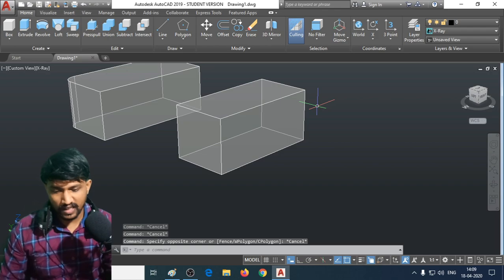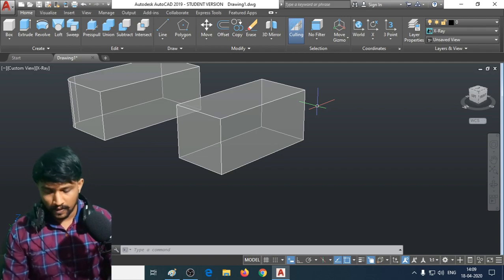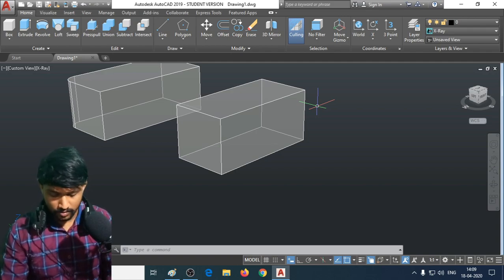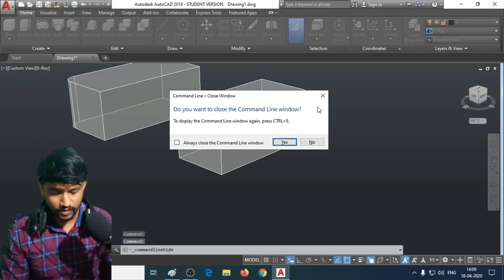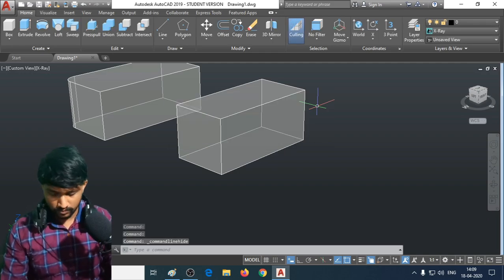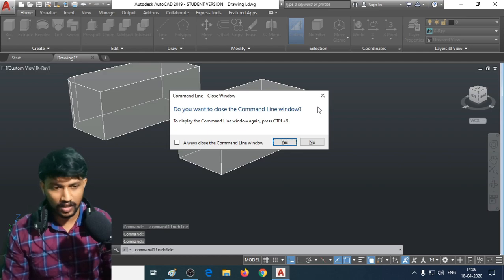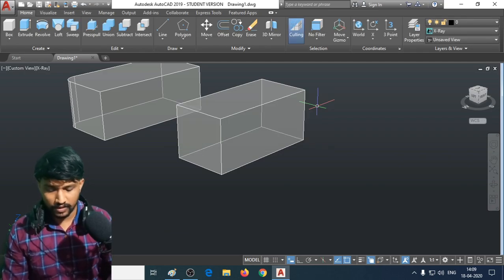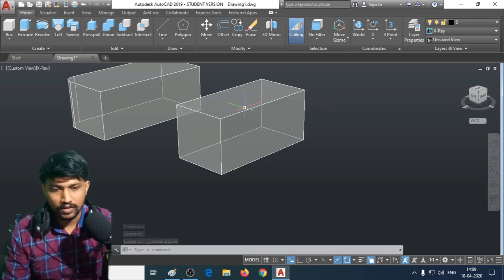Try to make it a habit calling whatever command that you want from the command bar. Okay, wait, see, if you guys are not able to see the command bar, press Ctrl and 9 at a time, or Ctrl plus 9. If it is not visible to you, then press Ctrl plus 9, it will come back into your viewport.